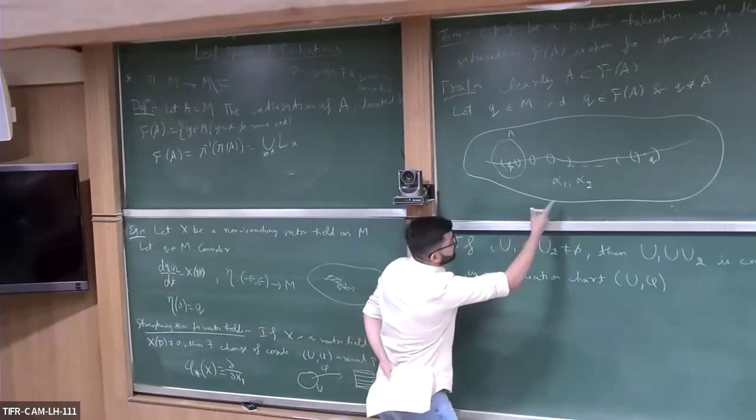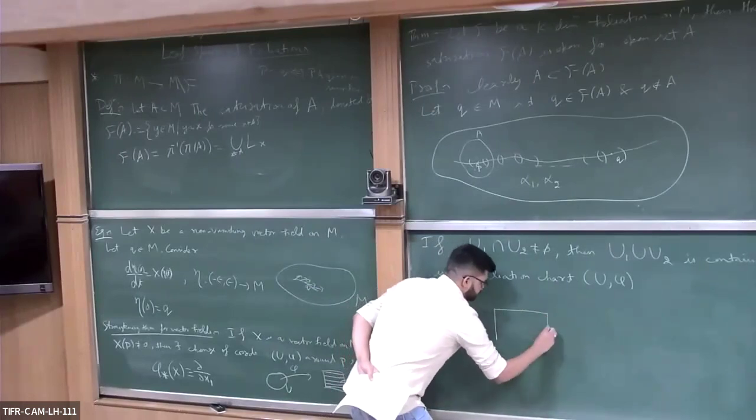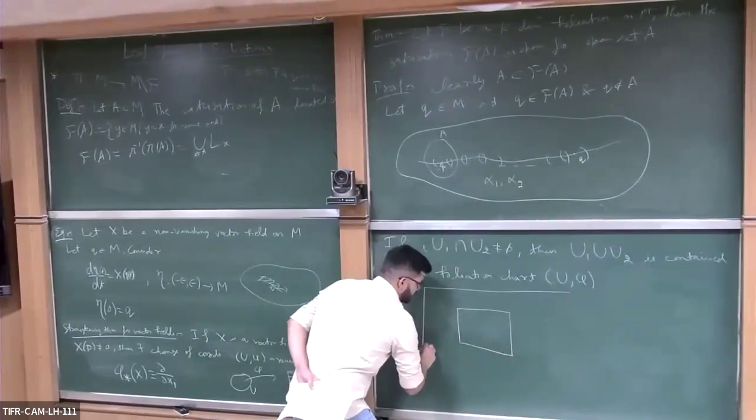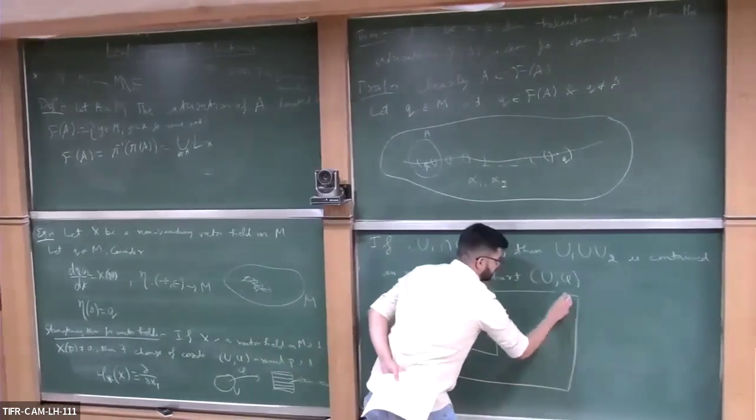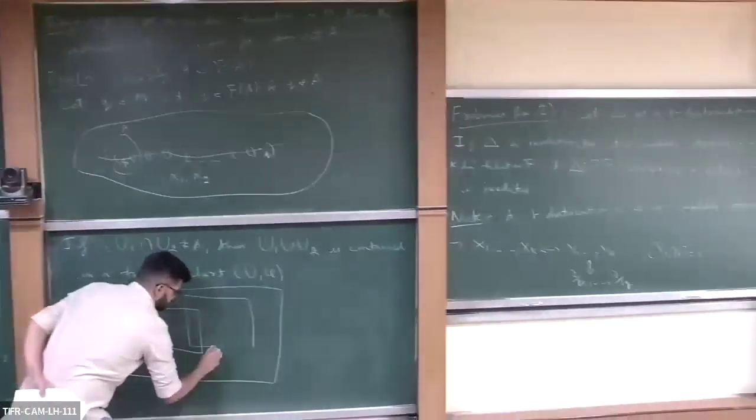So now, if I'm taking two flakes, what happens is I have this big coordinate chart, and I have these two coordinate charts.